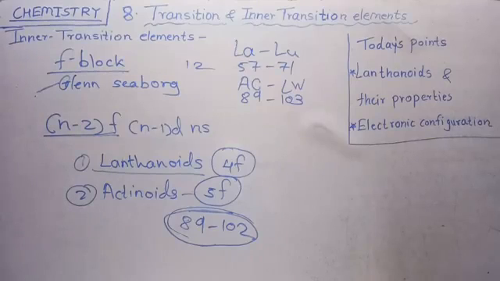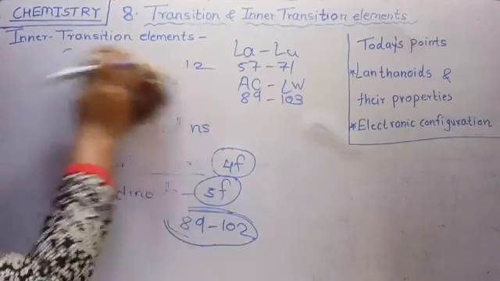Next, we are talking about the f block elements. The f block elements contain two series. The first is the 4f series and the second is the 5f series. The 4f series is also called the lanthanoids and the 5f series is called the actinoids. Then some properties of f block elements are given.